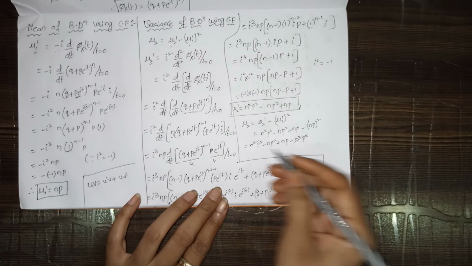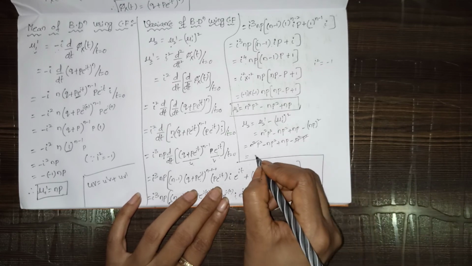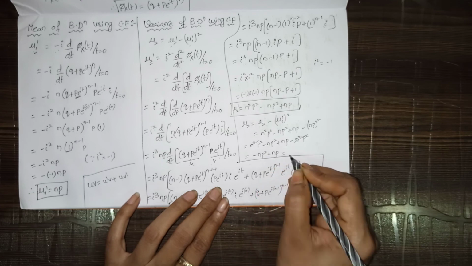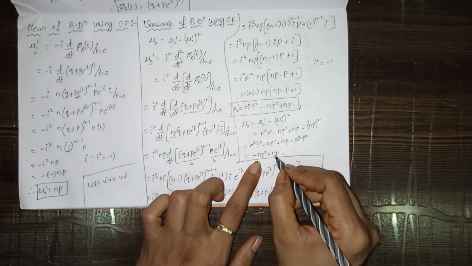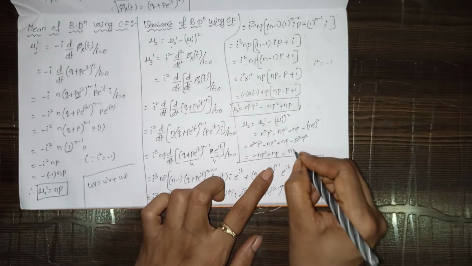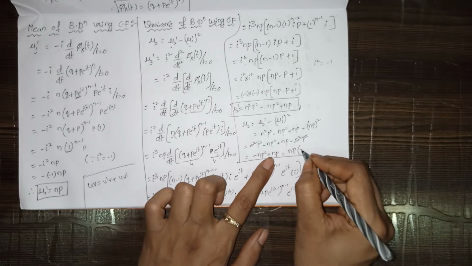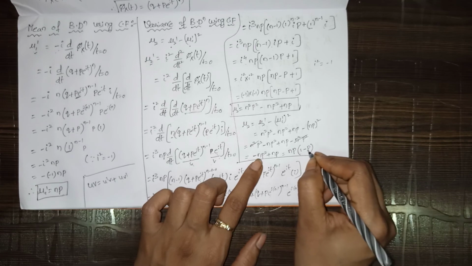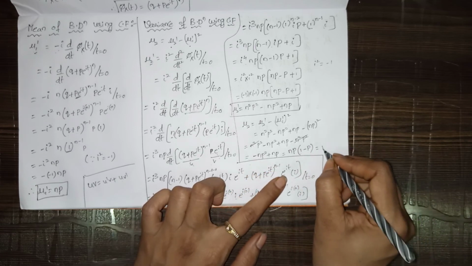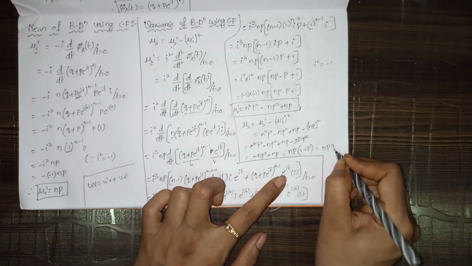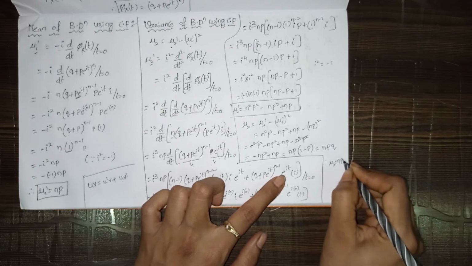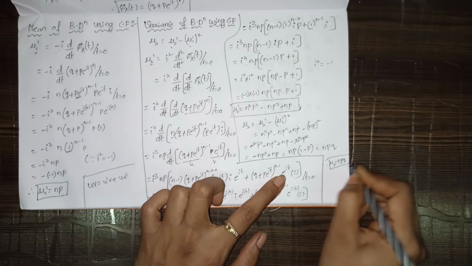These both terms will get cancelled. That equals minus np square plus np. That equals, here we will take common np. np into, here 1 will be, here only p will be remaining. So 1 minus p is nothing but q. So therefore we'll get npq. So therefore mu2 equals npq, which is the variance.